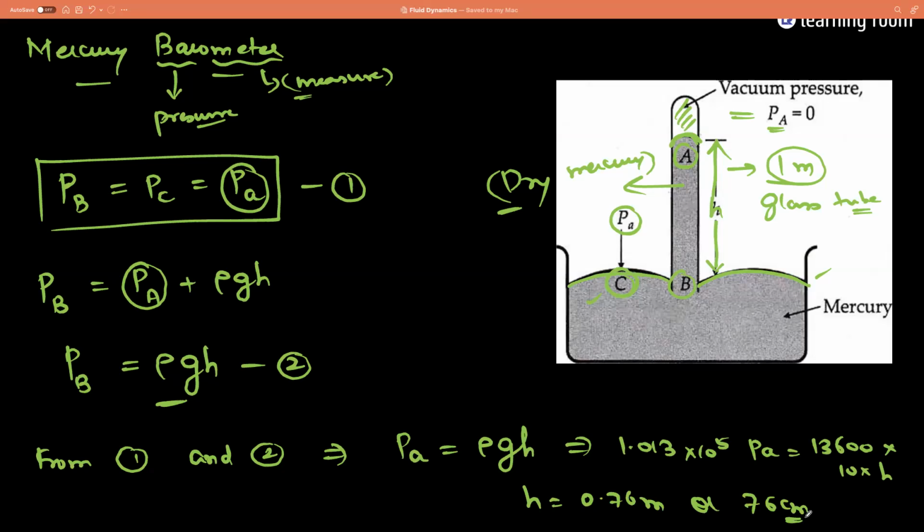So first let me complete, then you can copy. The meaning of this is 76 centimeter of mercury is equivalent to 1 atmospheric pressure.